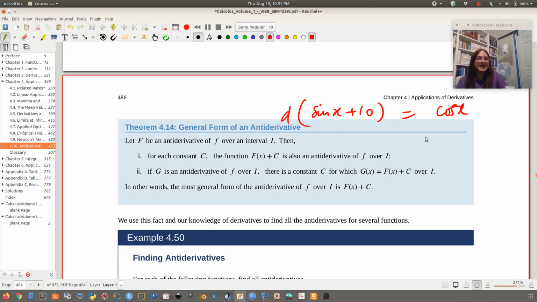That means the antiderivative of cos x, and we'll show it with the integral sign with a dx in front, that's the notation. So the antiderivative of the cos x function is not just sine x, but is sine x plus any constant. Because if you take the derivative of the right hand side, what do you get? You get cos x.